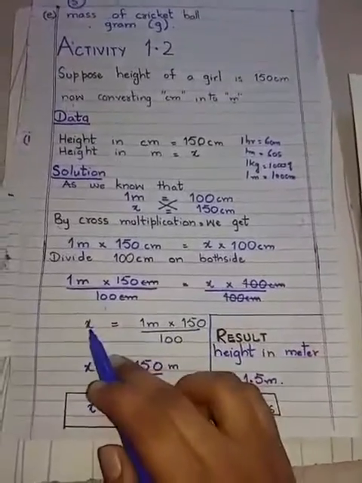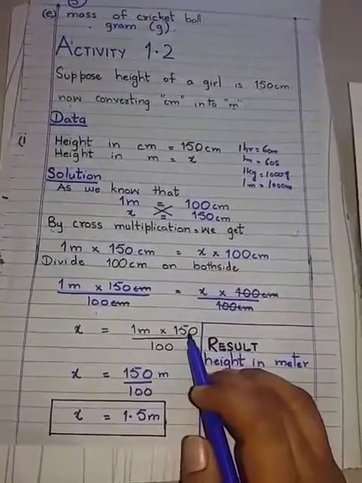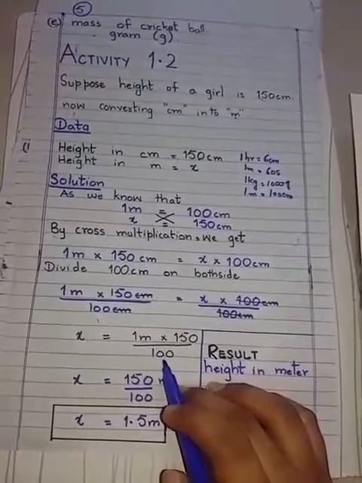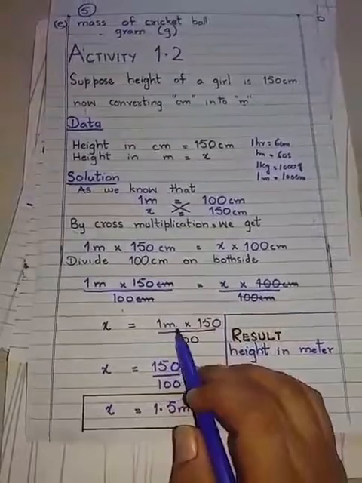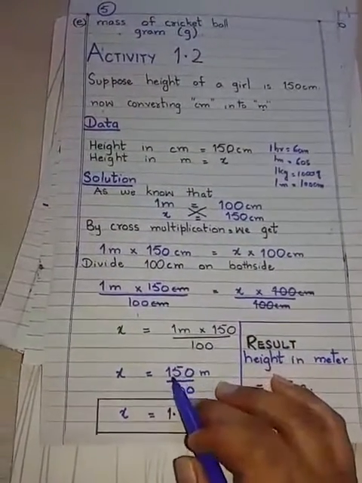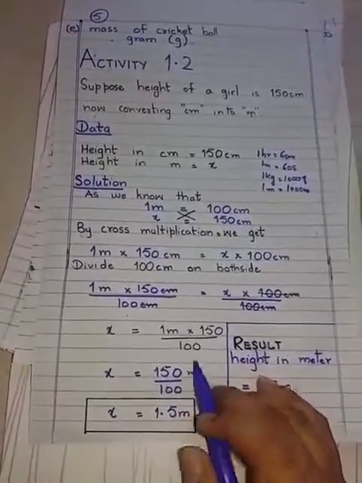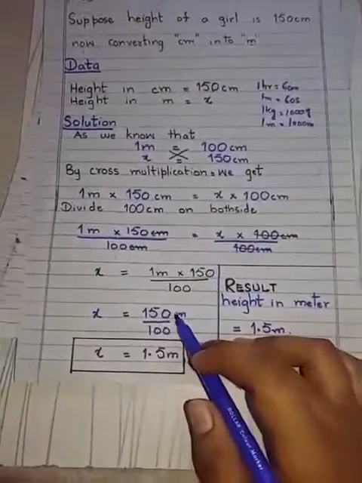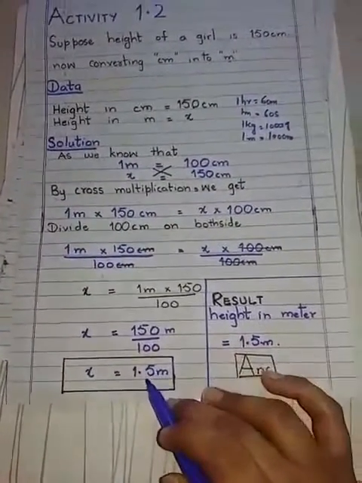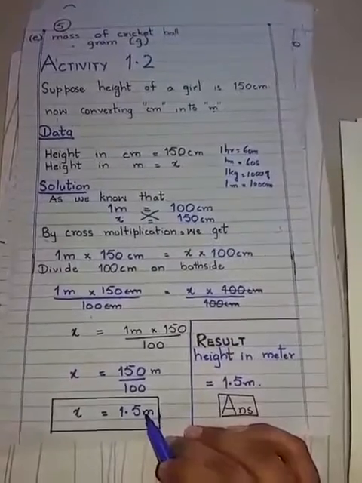So x is equal to 1 meter multiplied by 150 divided by 100. Centimeter cancels. 1 meter multiplied by 150 is equal to 150 meter, divided by 100. With the help of a calculator, 150 divided by 100 is equal to 1.5 meter.